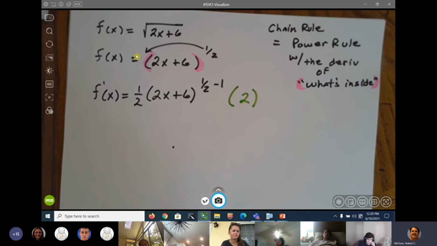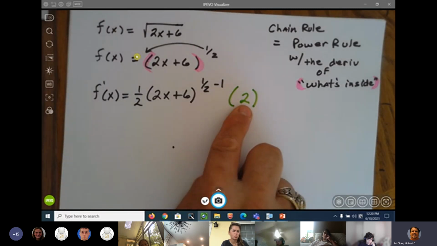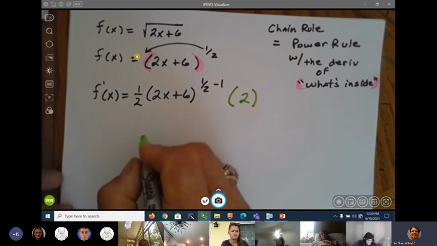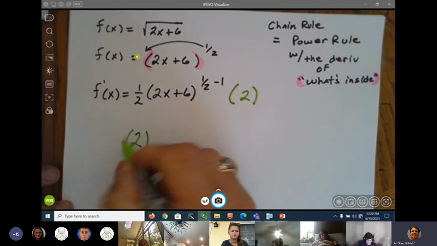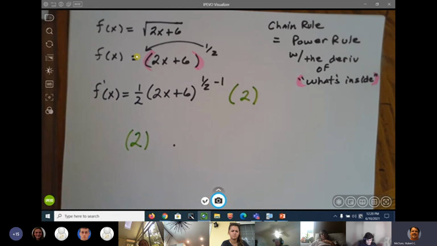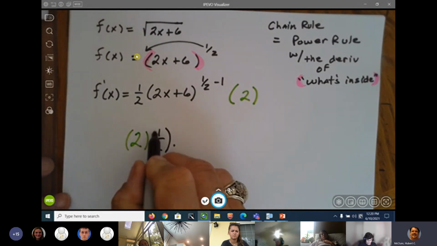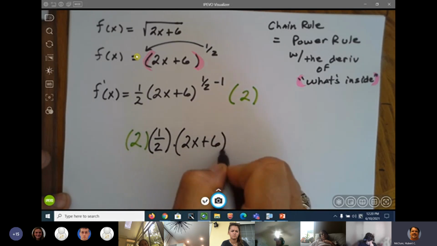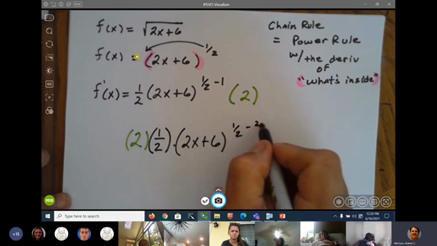And now you incorporate that 2 with that 1/2, and you're going to get 2 times 1/2 times (2x plus 6) to the 1/2 minus 2/2.